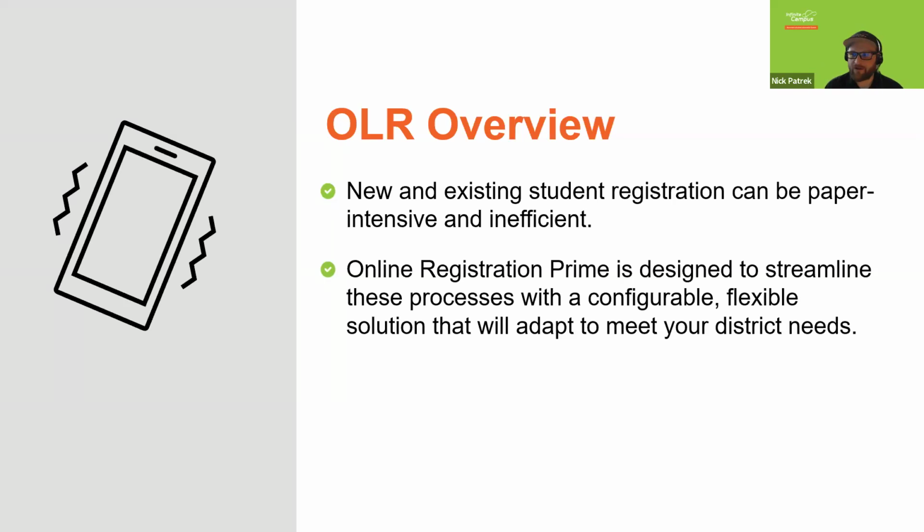We have another link called the email link, and that's a link that you would typically put onto your district website if you so choose to do. Essentially what that one does is the parent will click on the link. You'll say something like, hey, if you're a new family, click on this link to apply for this upcoming school year. They're going to put in their basic information as well as their email address, and then they're going to get an email that contains a link to the application.